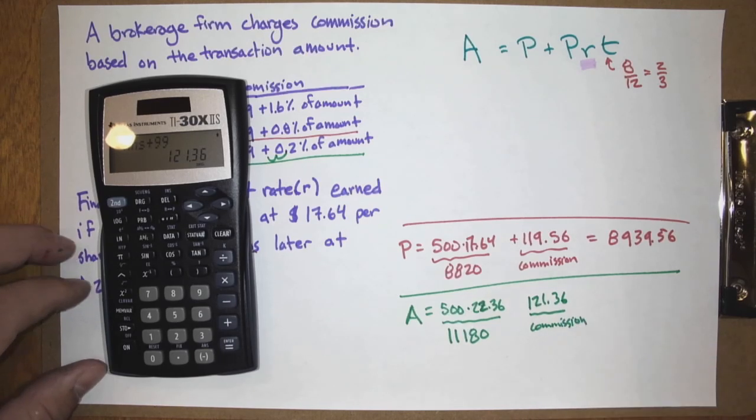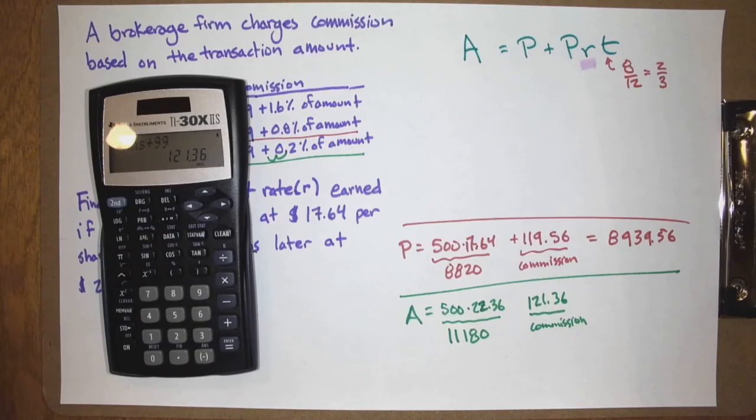Now, question: add or subtract? Do we add the commission or do we subtract the commission? The question is, who's getting the commission? Do we get it or does somebody else get it?